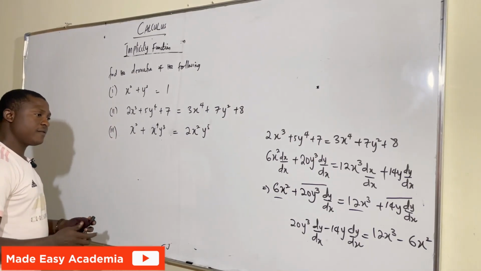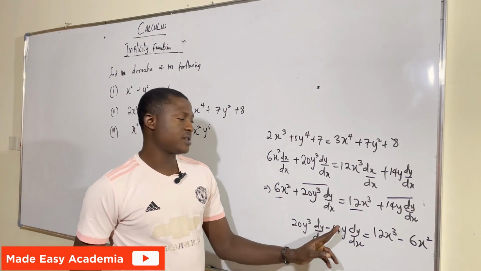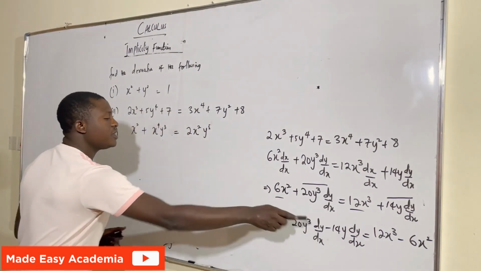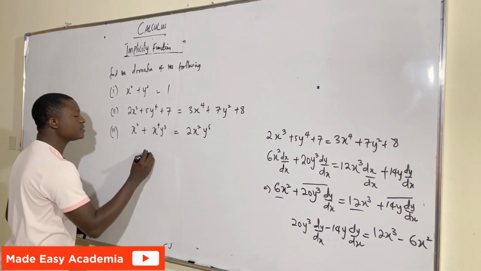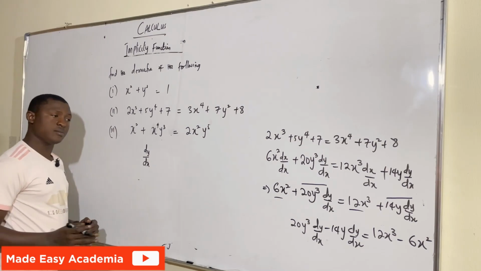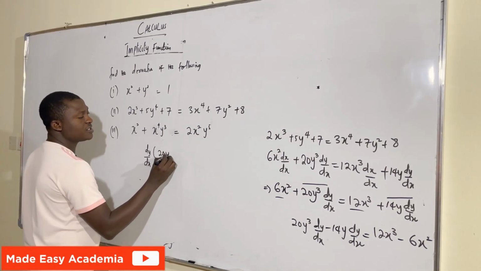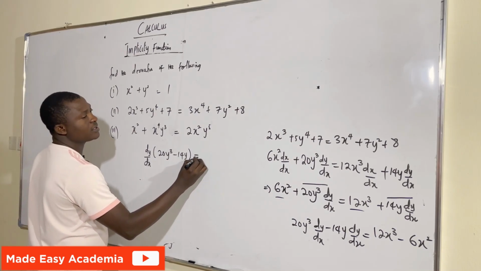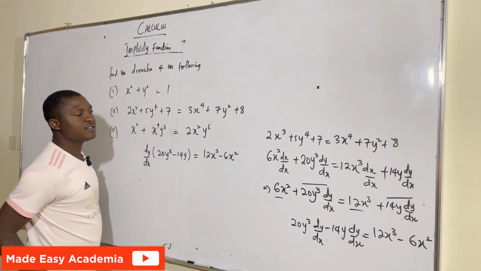Now from here we have 20y cubed dy/dx minus 14y dy/dx is equal to 12x cubed minus 6x squared. If you check here, what do we have in common from here to here? You can see I have dy/dx. To factor out dy/dx, what I have left there is 20y cubed minus 14y is equal to 12x cubed minus 6x squared.